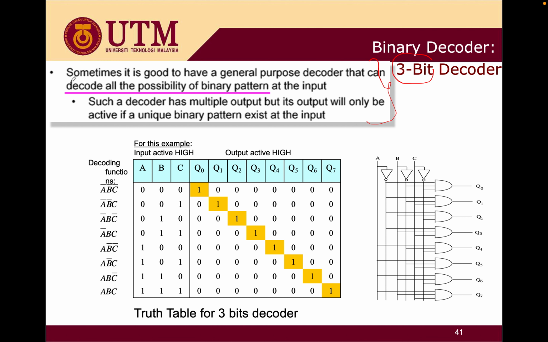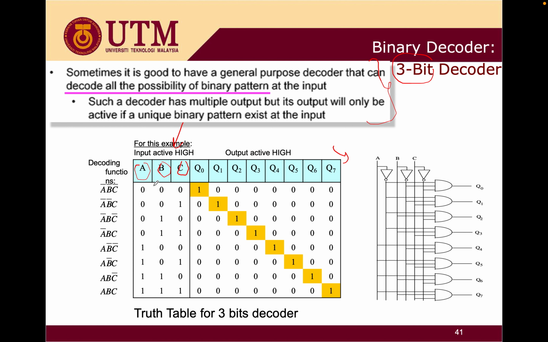Please try to read all of this, and I'd like to directly give you the overview of what basically happens in your 3-bit decoder. Okay, these are your bits. You have 3 inputs A, B, and C, and you're going to decode whatever is here using your 3-bit decoder.